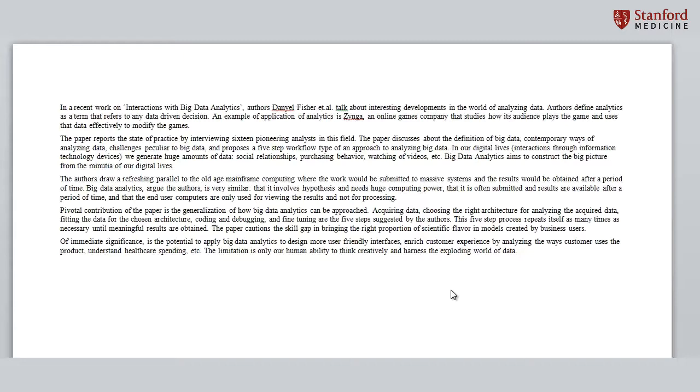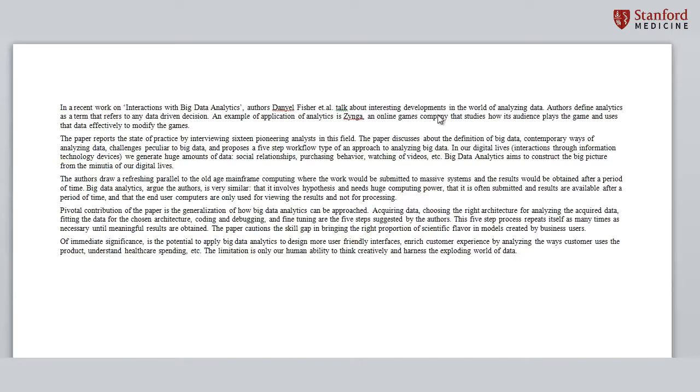So I think in the introduction, because you want to draw the reader in, let's just start by illustrating exactly what we mean by big data analytics. And the author has that in their paper. So we just got to move a few things around so that we start with an illustration of what big data analytics is, rather than a definition. Illustrations are always more interesting to the reader than just a general definition.